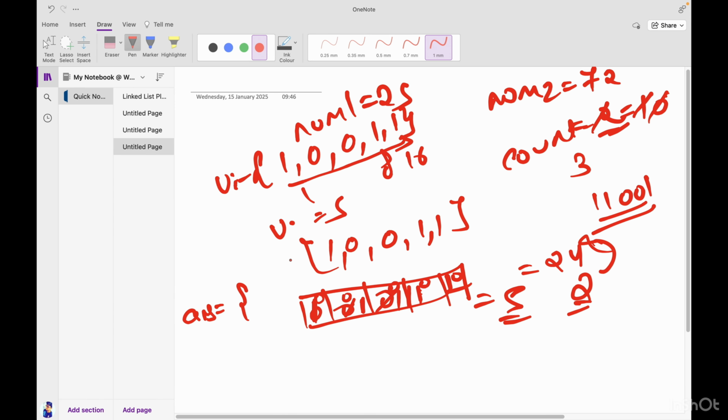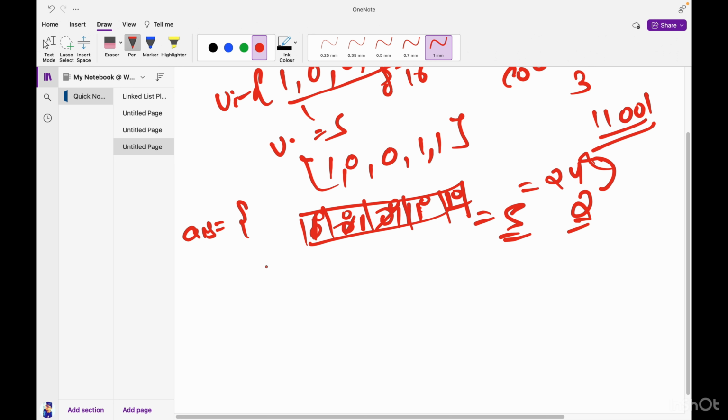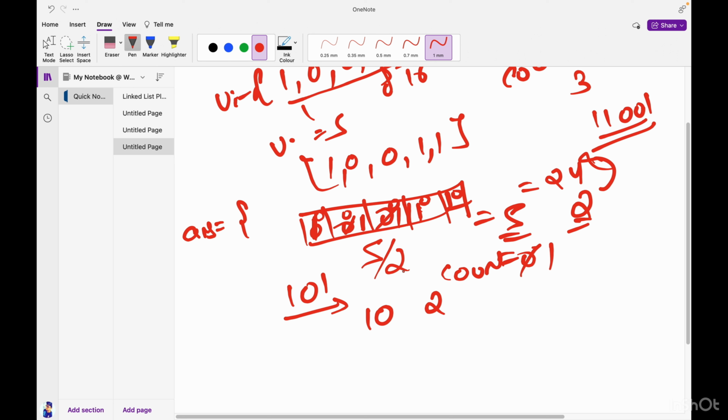How it is working, let me show you. For 5, count equals 0. If this number is odd, 5 is odd, count is 1. We will shift it. So after shifting, it will become 1 0, which is 2, which we also get when we divide it by 2. Okay. Now is this number odd? No, it is not odd. We have to do nothing. Now we have to also shift it.